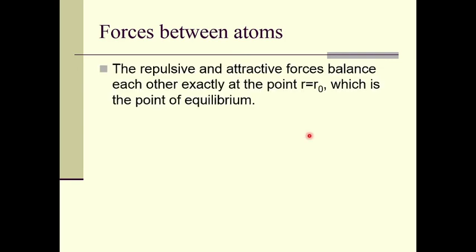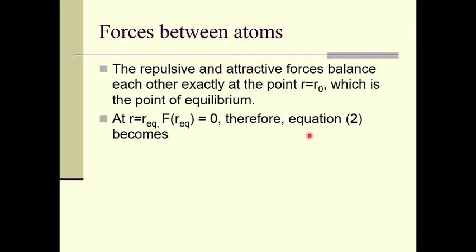Now, the repulsive and attractive forces balance each other exactly at the point r equal to r0, which we have already seen. At r equal to r equilibrium, or r equal to r0, which is the point of equilibrium, the two forces balance each other.